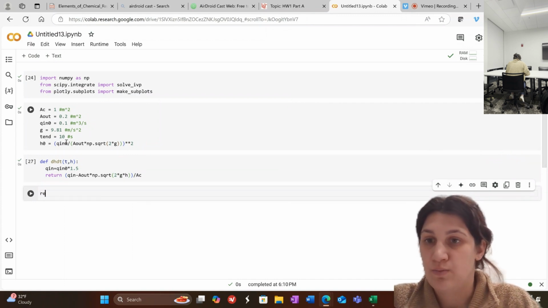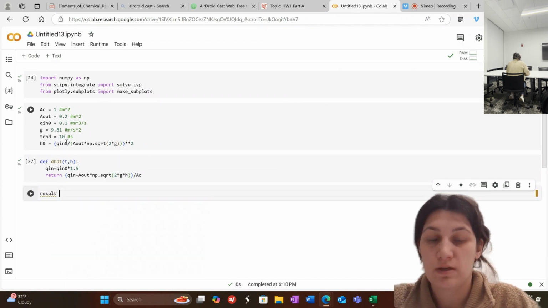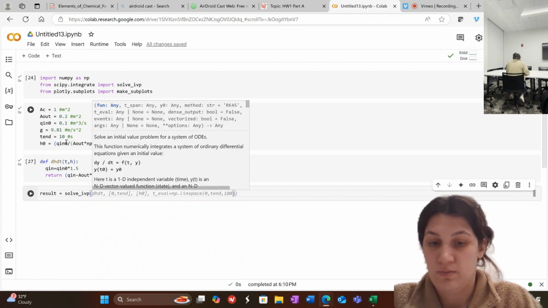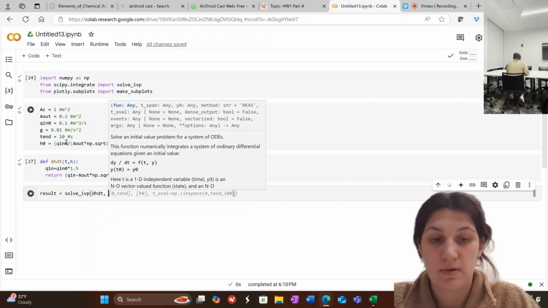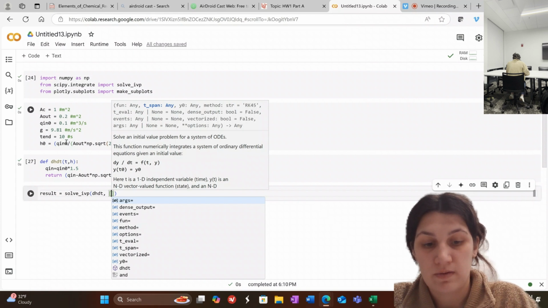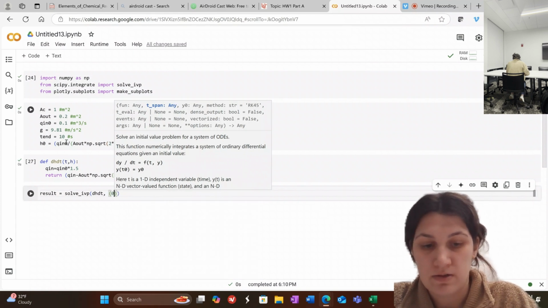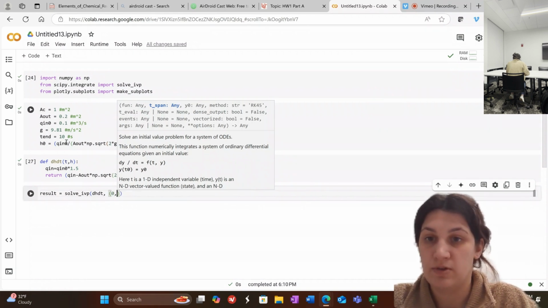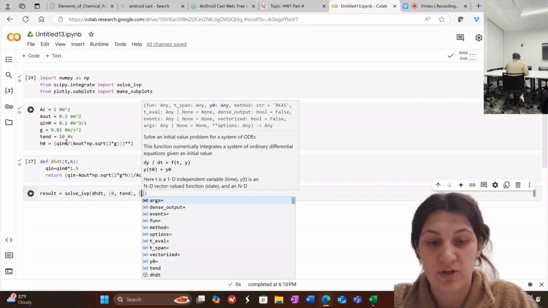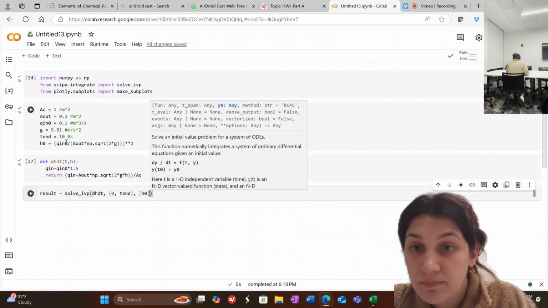Now that we have that, we can say result is equal to solve_ivp. Put in our function dhdt, and we put in our time, so we have 0 times 0 to our t_end that we already defined. We have our initial value, which is h_0.